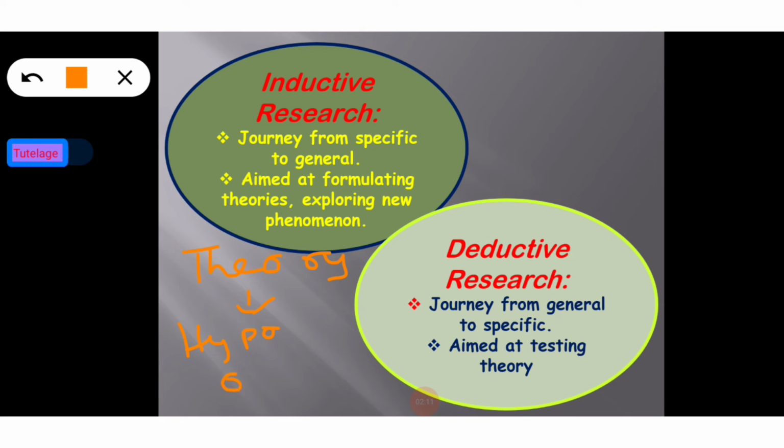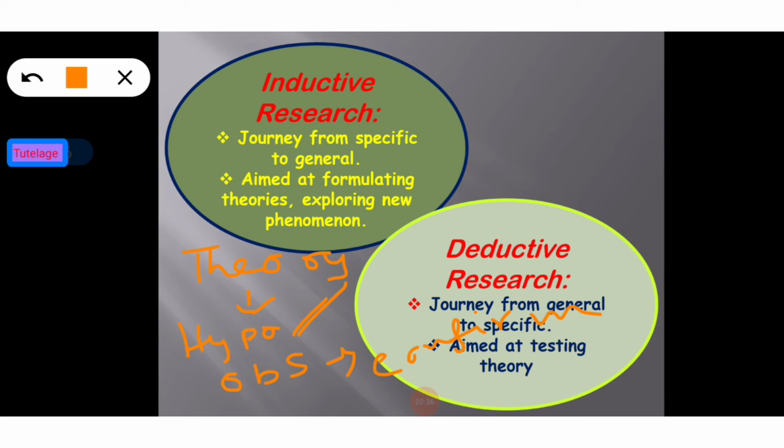Third one is observation, and fourth one is confirmation. Clear? So it is aimed at testing the theory. It is generally associated with, we have already told that in quantitative research it begins with the hypothesis.